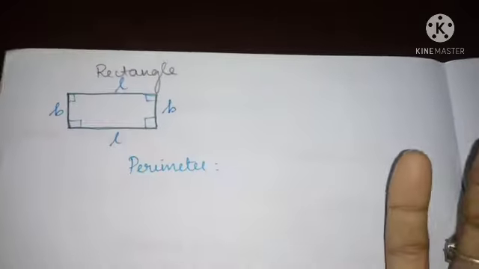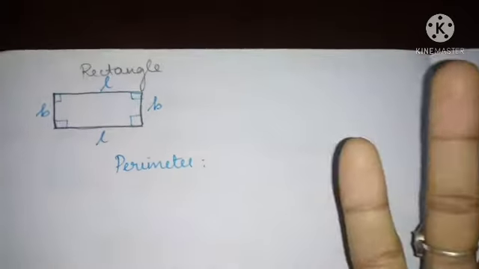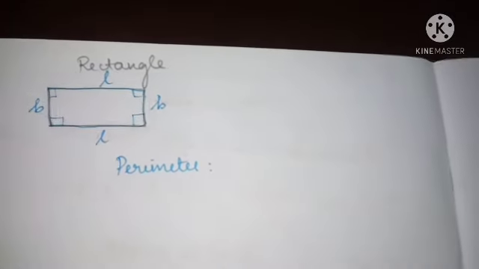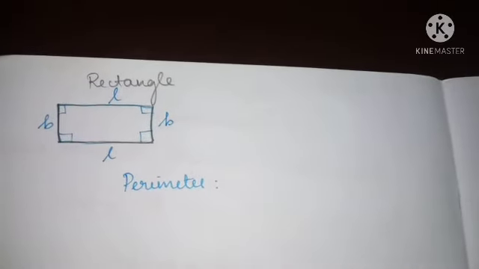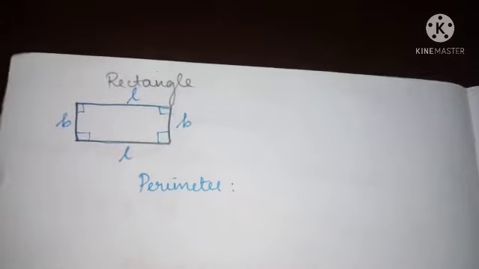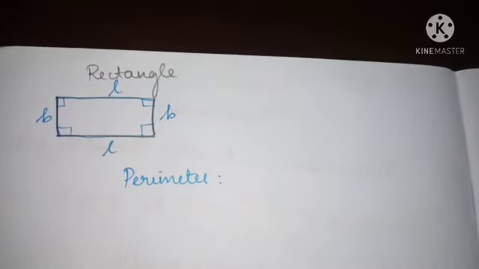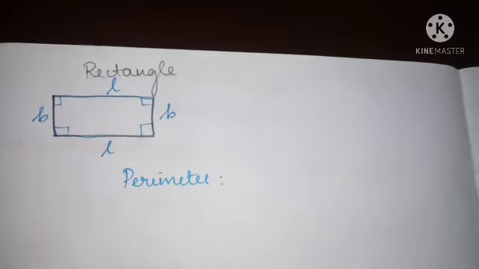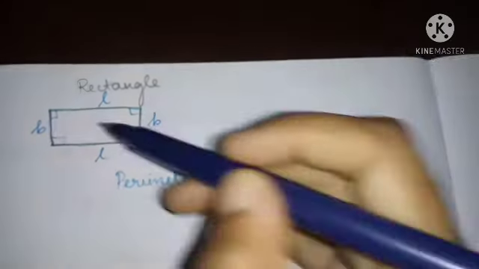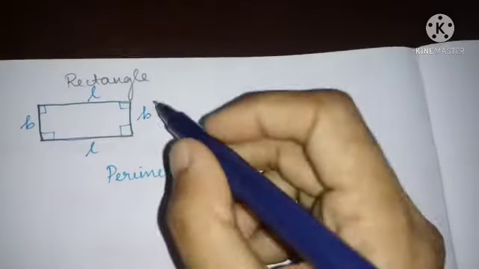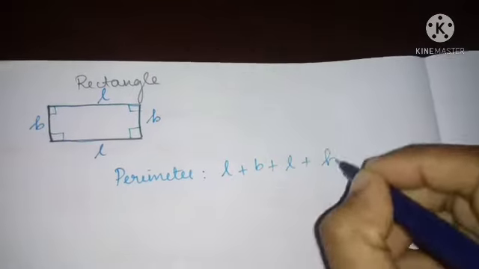So how will you find the perimeter? For rectangle and square, you have derived a formula, but for some unknown figures, which means we don't know the names of the figure, how will you find the perimeter? You will add up all the border lengths. So length plus breadth plus length plus breadth.